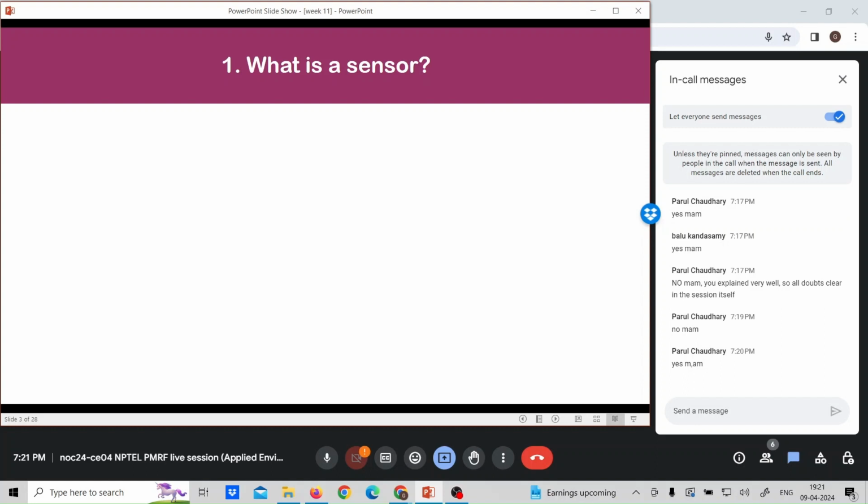This doesn't have any exact right answer or wrong answer. I just wanted to get a sense of what you think a sensor is. We'll start from the basics here. This can have multiple perspectives, so we'll just get to know each other's perspective. Very simple.